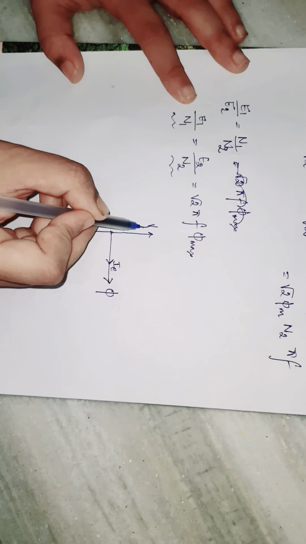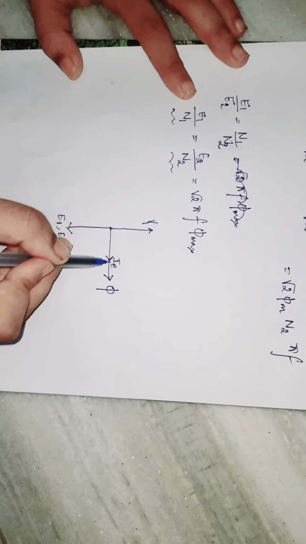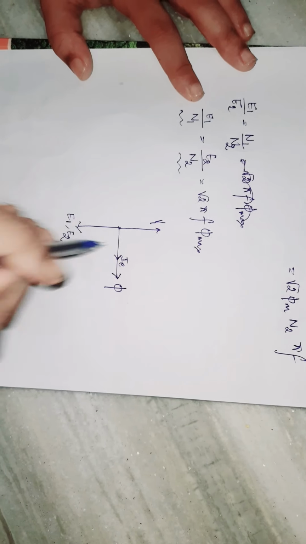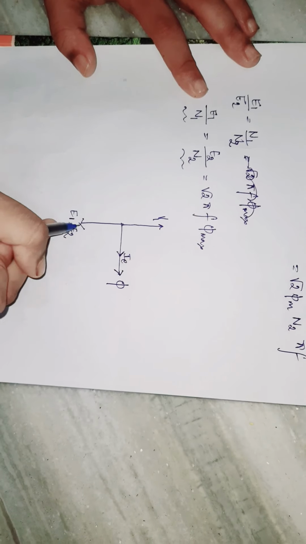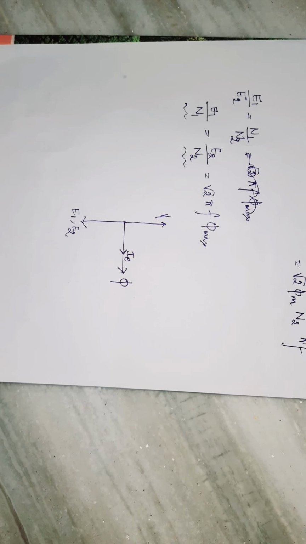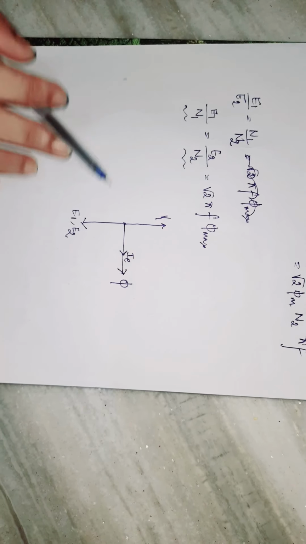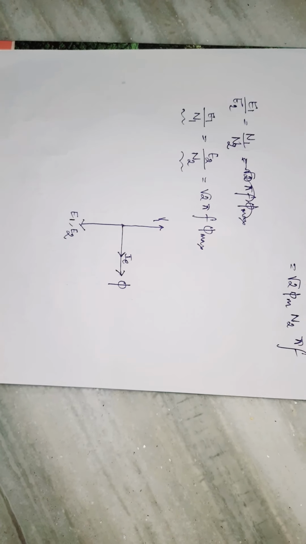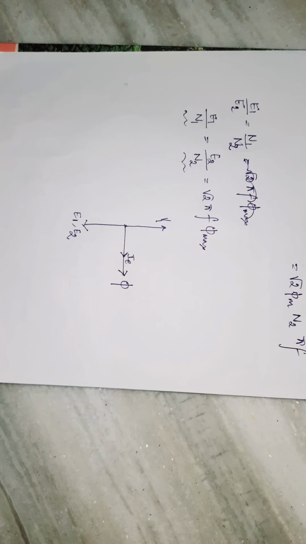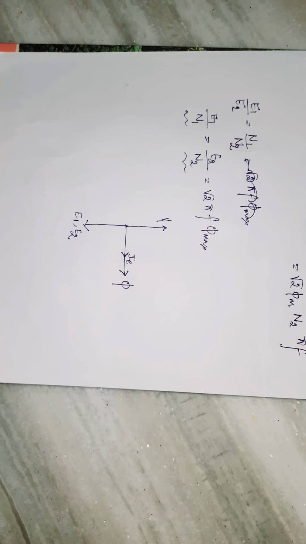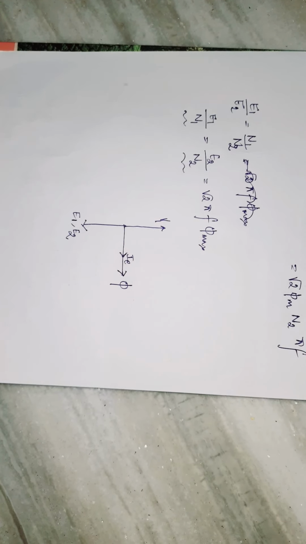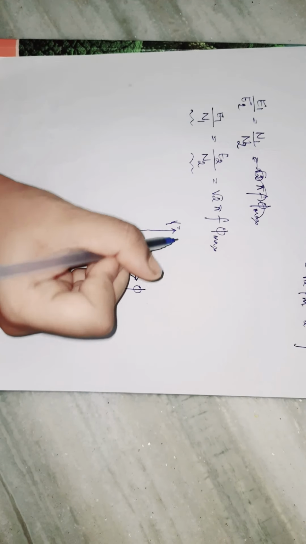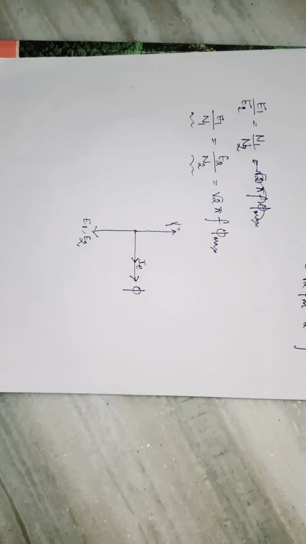So we are showing V1 leading both the current and phi, and the E1 that is produced, we are plotting below it. There is also another way to plot it, which is the circuit way. According to circuit theory, we can plot it that way. But if we plot it this way, it is more convenient. That is why we will consider this approach.